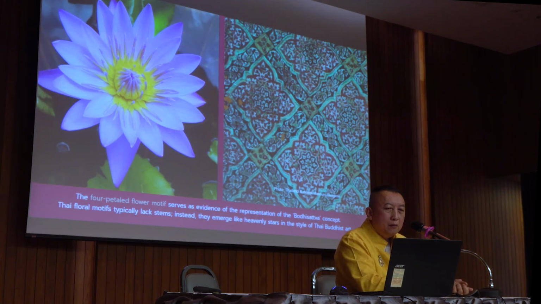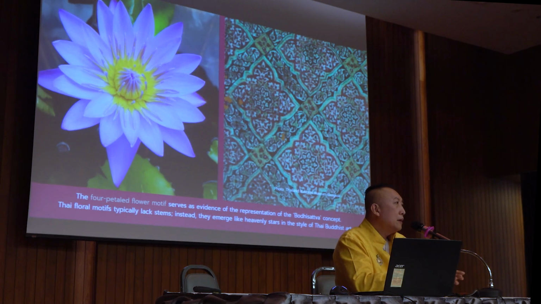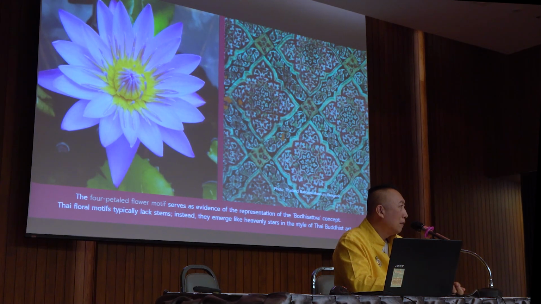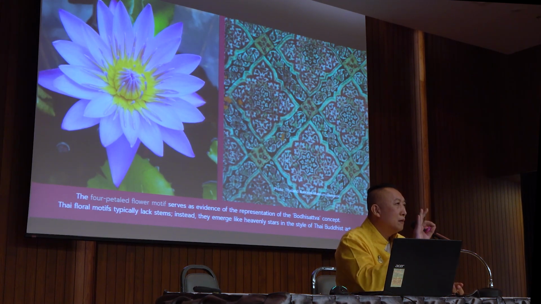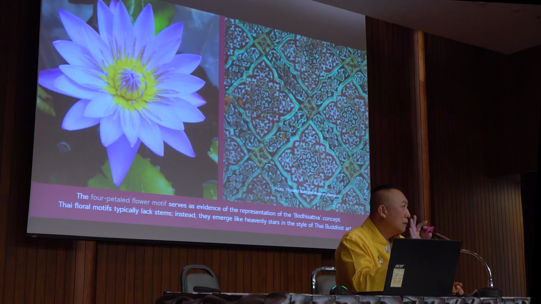One thing I would like everyone to notice is the nature of Thai floral patterns. Is it found in nature? No, not at all. There is no stem. All Thai flowers are not like garden flowers. They emerge like heavenly stars.